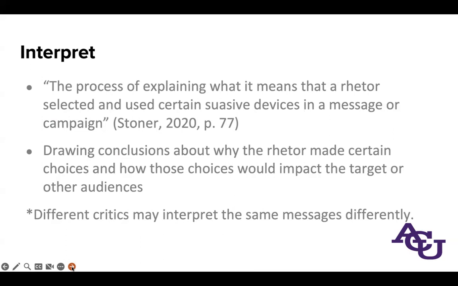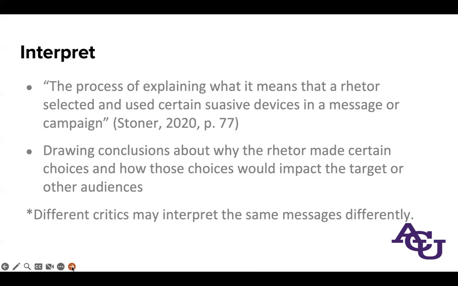So basically, we're looking at the rhetor, the person who is propounding the rhetoric, and saying, what devices, what persuasive messages, what things did they stick into this message or campaign?